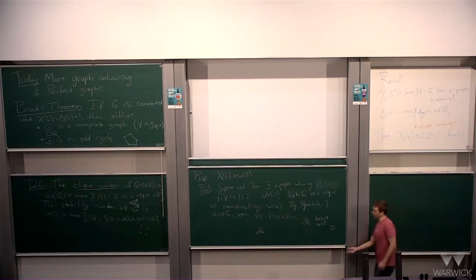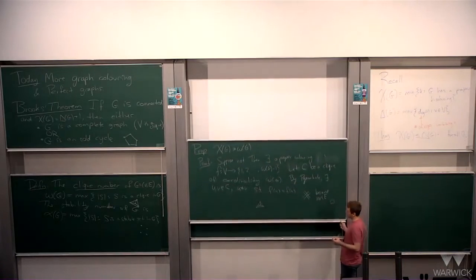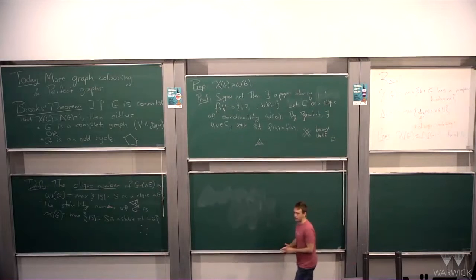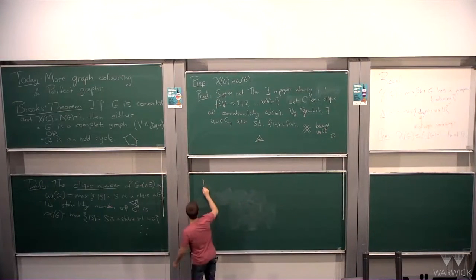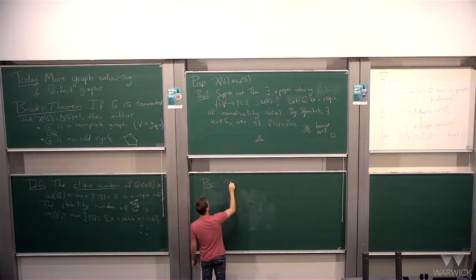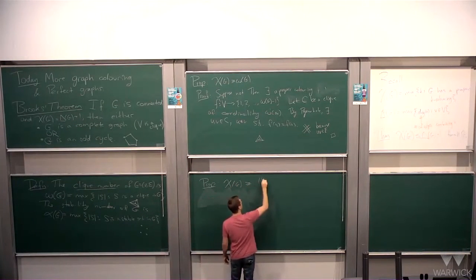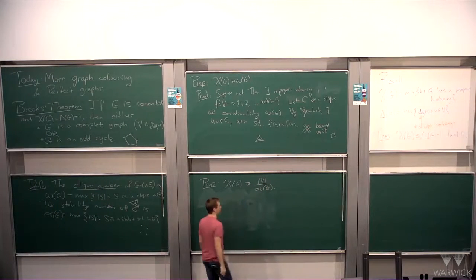Here's another, perhaps slightly less obvious lower bound, but nonetheless not too difficult. The chromatic number of G is always at least the number of vertices divided by the stability number.